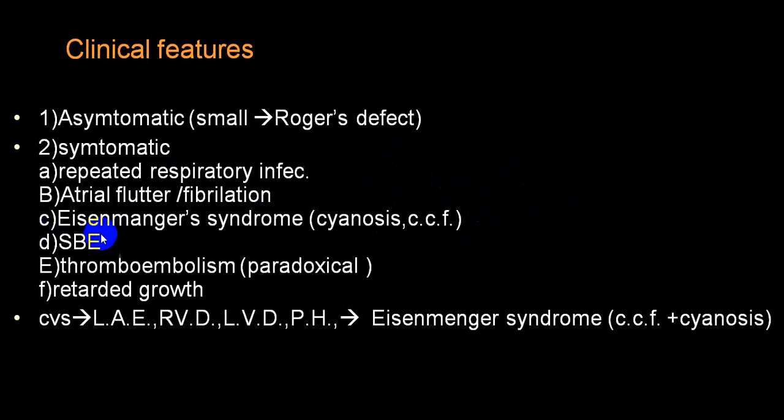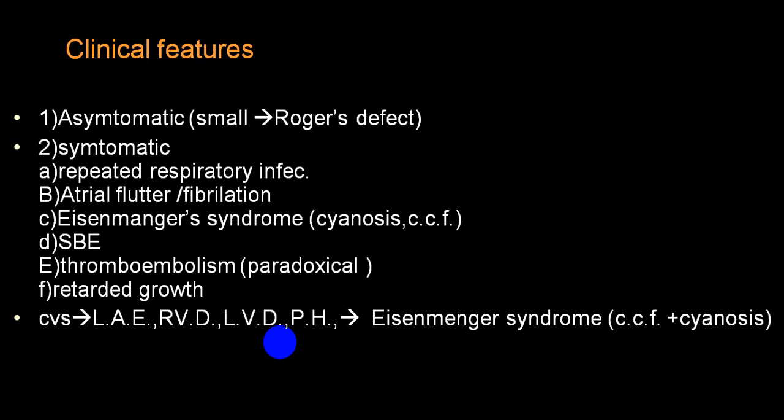You will develop paradoxical embolization, either from infective endocarditis or from RV thrombi, and retarded growth. On cardiovascular system examination: LA and LV dilated plus hypertrophy, pulmonary hypertension, then RVH, and later on signs and symptoms of congestive cardiac failure with reversal of the shunt.